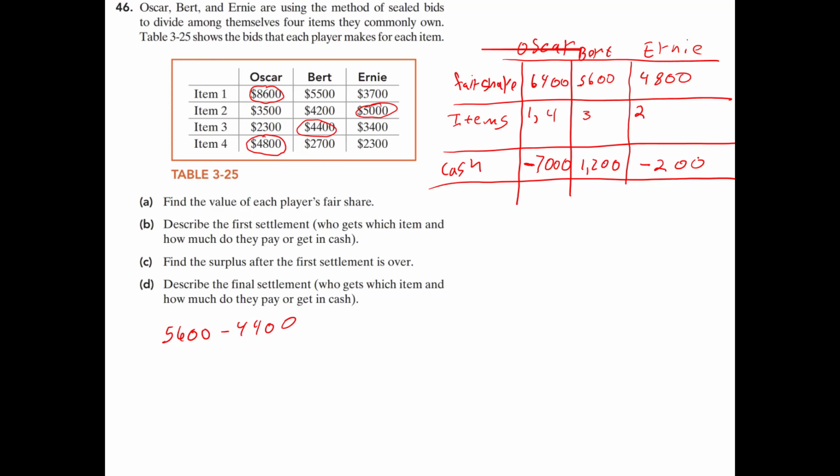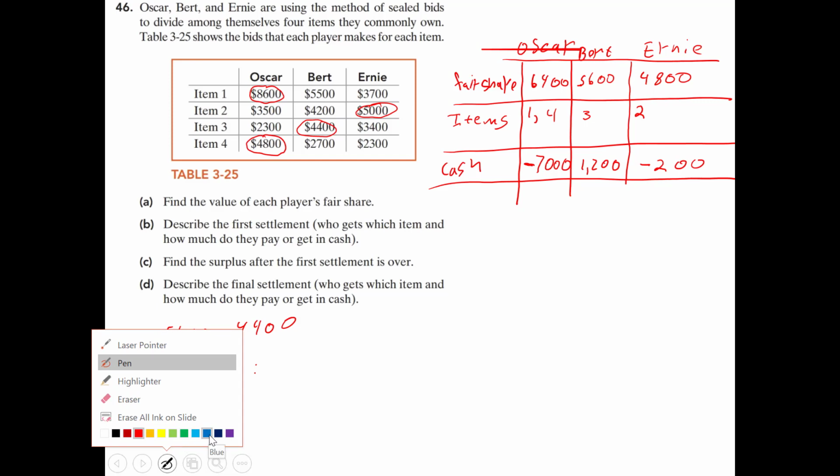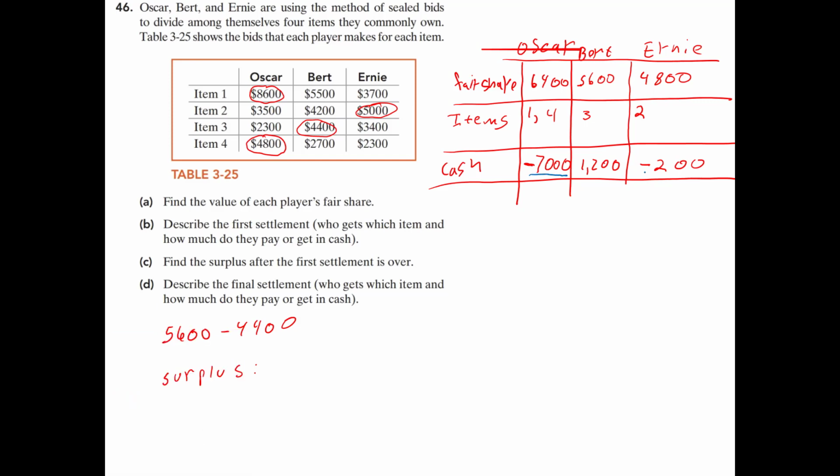So if you add up the minuses, you see that we collected $7,200. To calculate the surplus, you add up how much you collected, which is the 7,000 from this person and the 200 from this person.